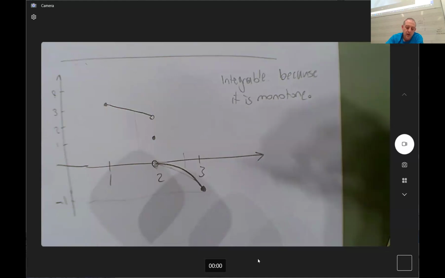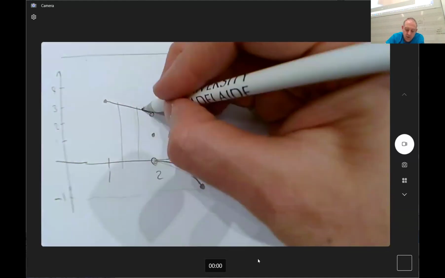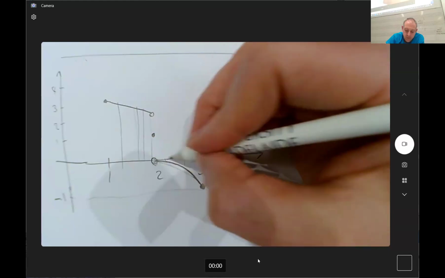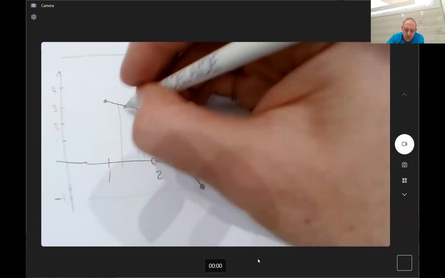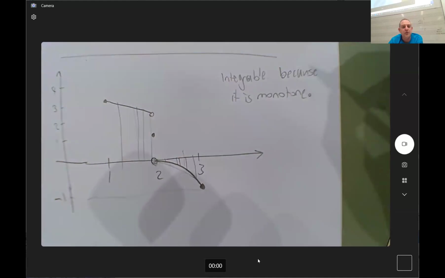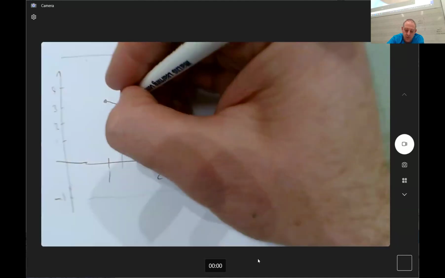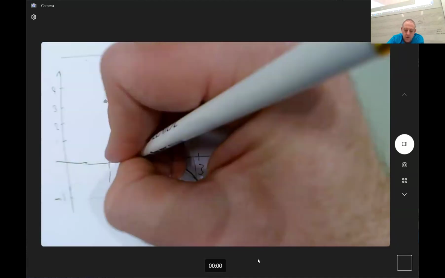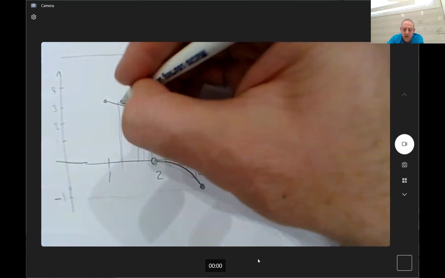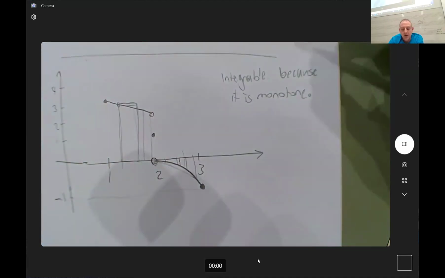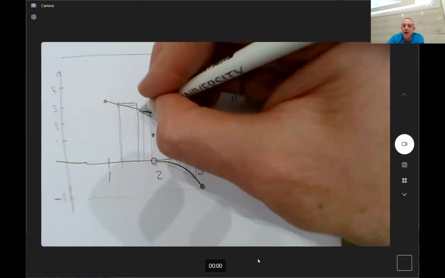Oh, okay. So no matter what partition you happen to draw, the supremum on every interval would be the value at the left-hand end. Like on a particular interval, the supremum of the function on that interval is the value at the left-hand end, and the infimum is the value at the right-hand end.